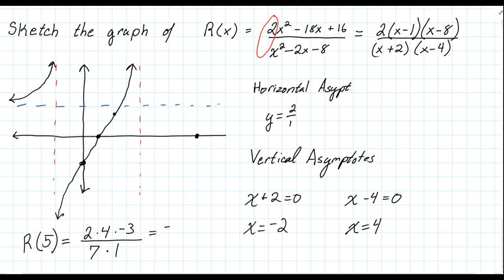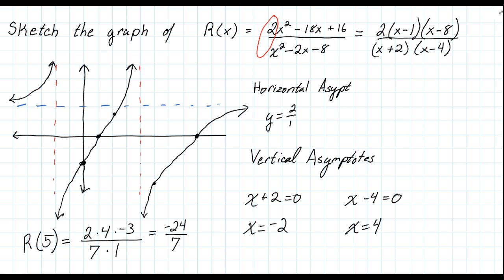And that'll give me negative 24 over 7, which is slightly less than 3. So that'll be right about here. And so I'm below the x-axis, so I must be approaching negative infinity. And then I'll pass through my intercept, and I'll come up. So this is roughly the graph of my rational function.